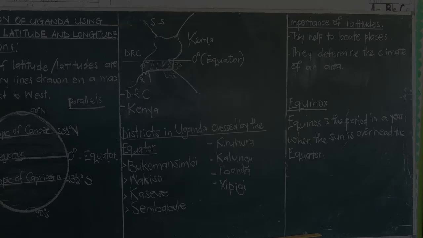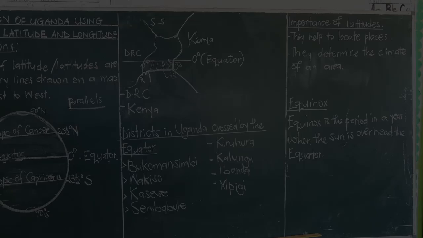Sorry, I first said 29 degrees; it should have been 4 degrees. So Uganda is 4 degrees north of the equator and 1 degree south of the equator, and that is for latitude.